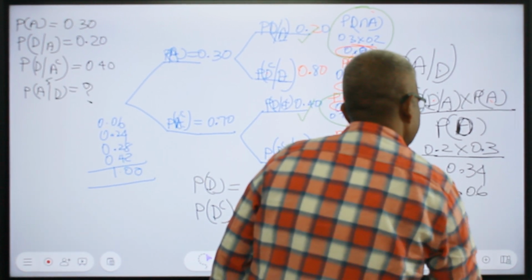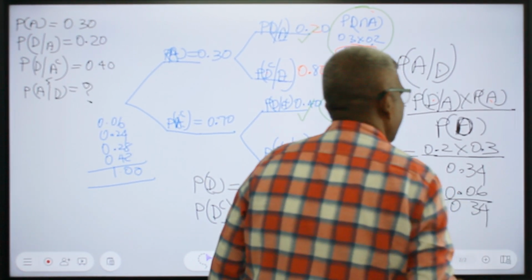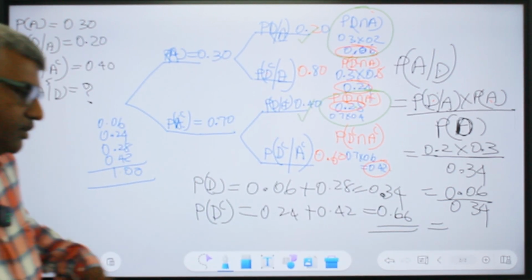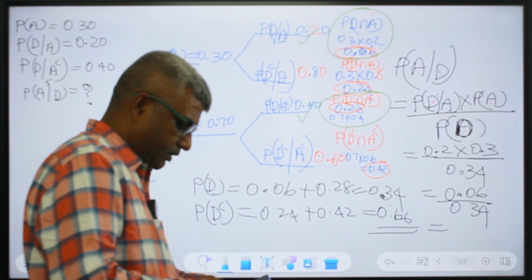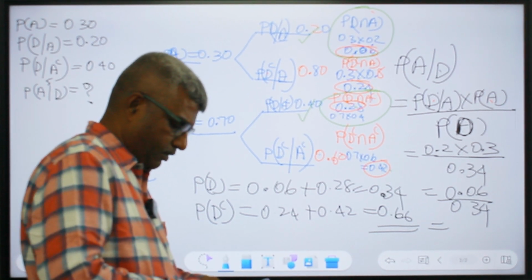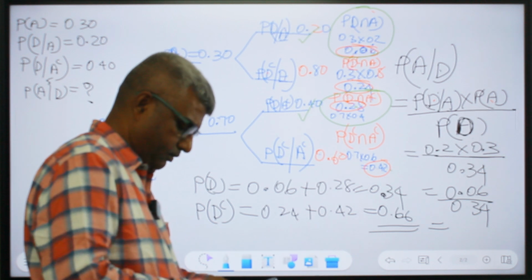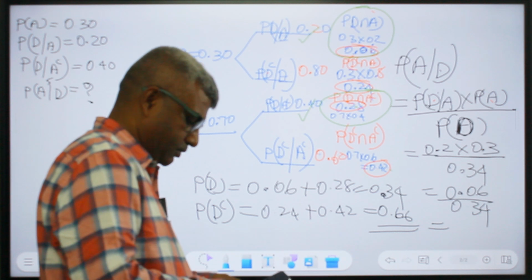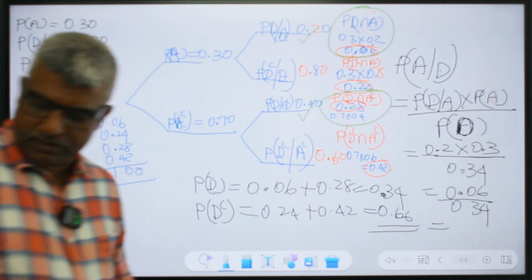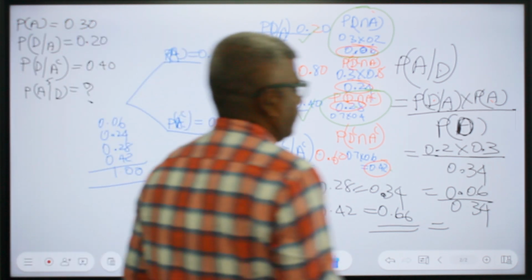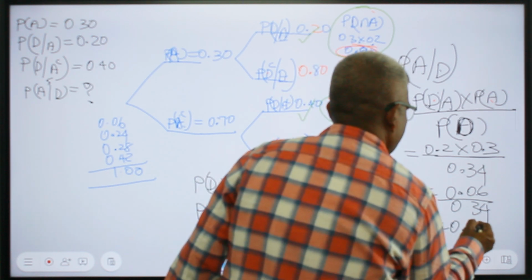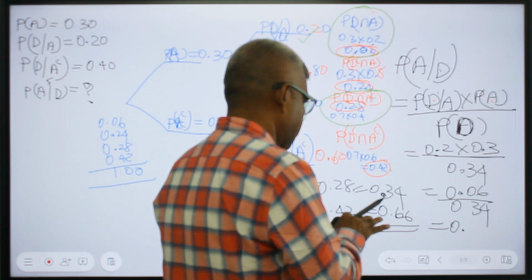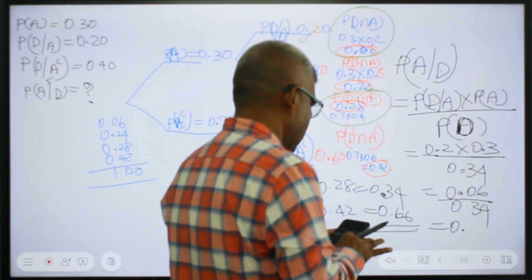So 0.06 divided by 0.34. This is the final value. 0.176.